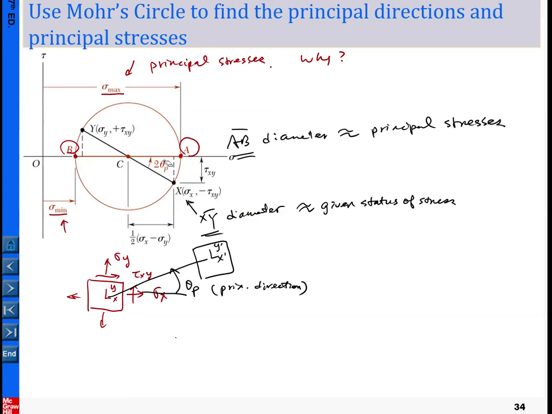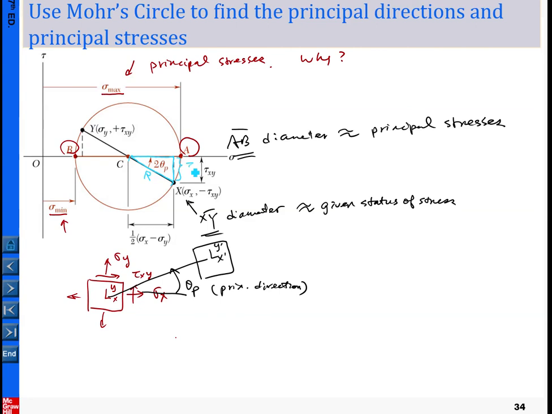Let me erase this information. Let me show you in detail here. Determining 2 theta p can be done very easily. You can see here I pick up a triangle. For this triangle, this is R, the radius, and what is this side?